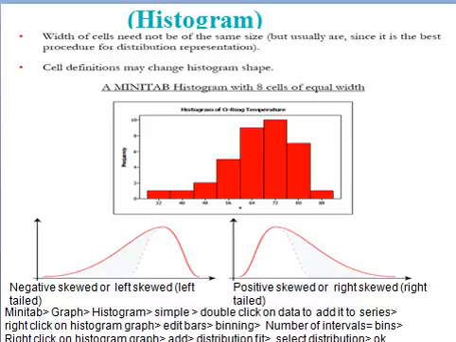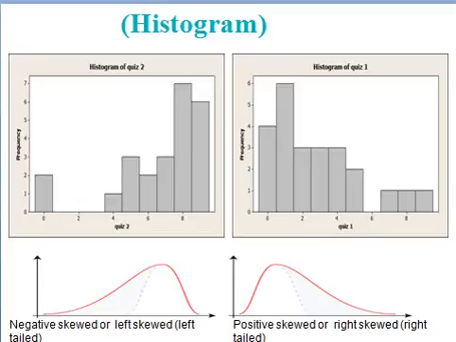We can say that this one is positive skewed or right skewed or right tailed histogram, right? Because most of the mass is on the left hand side. And this is real data. Here you can see on left hand side we have negative skewed histogram, and on right hand side we have positive skewed or right tailed histogram.